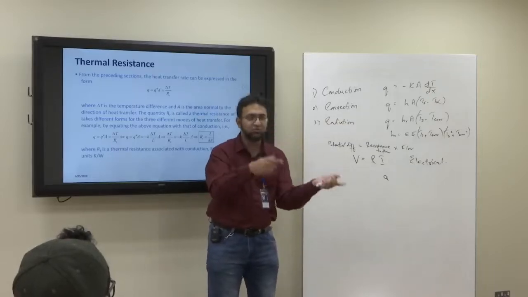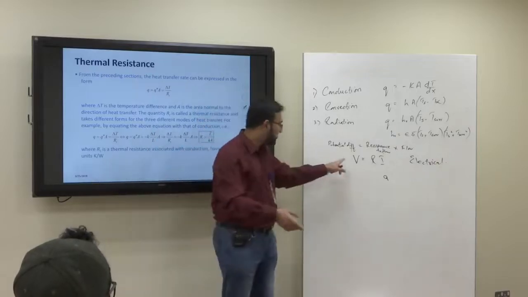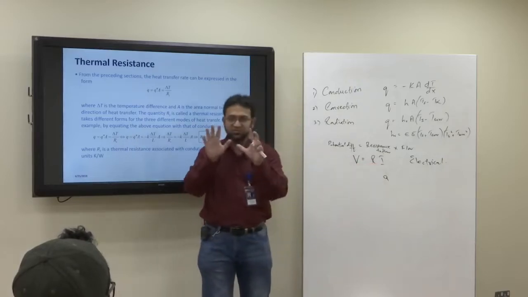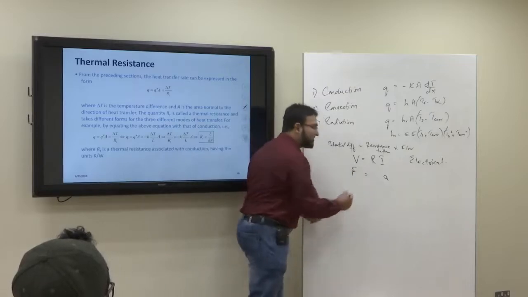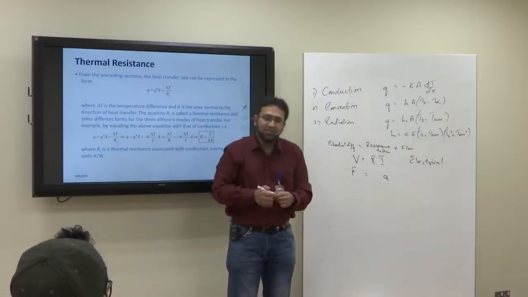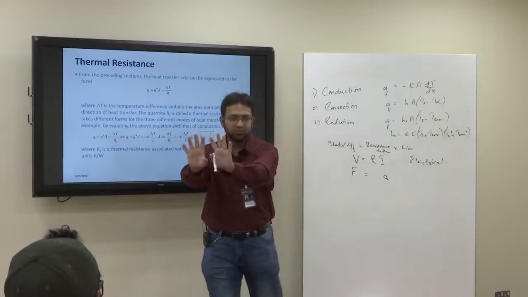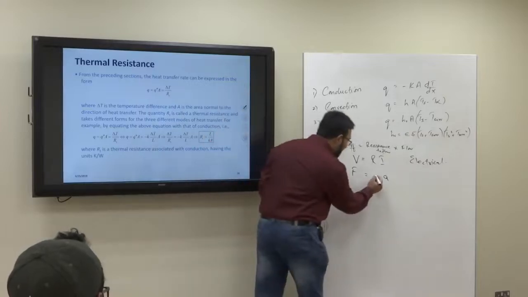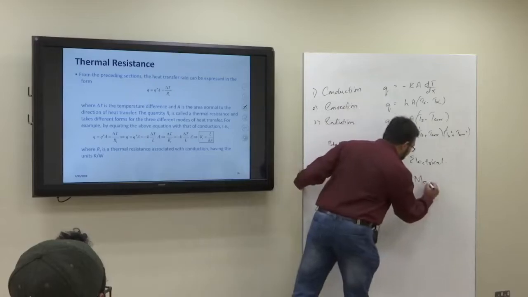Force was the thing which caused the body to move, just as here the potential difference is the thing which caused the electricity to flow. And the resistance was mass, because the larger the mass, the harder for it to flow. The smaller the mass, the easier to flow, right? So that was F is equal to ma. This was in the mechanical systems you studied.